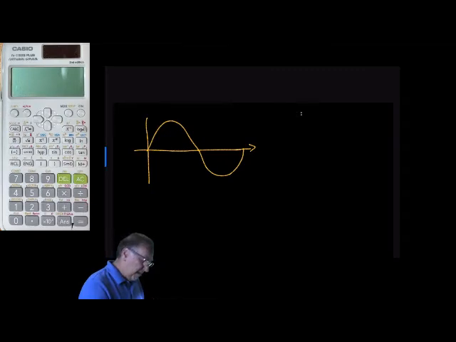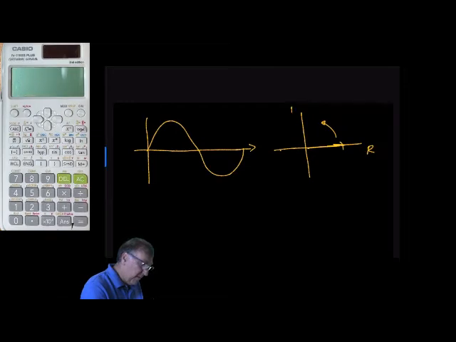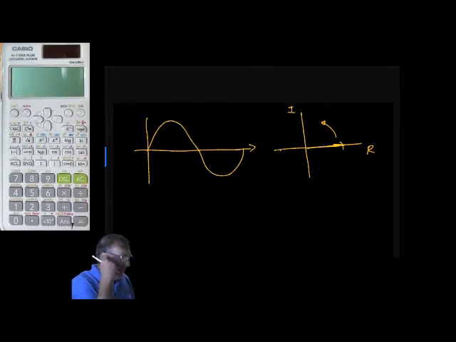And in the phase plane, it would be a phasor rotating around the axis.